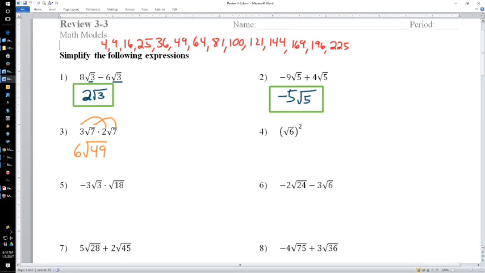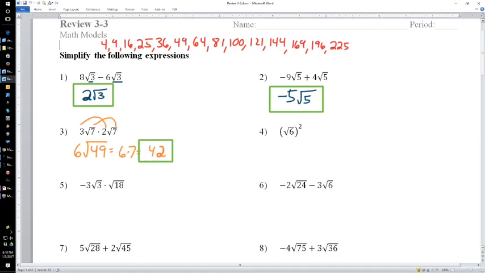That's one of our perfect squares. If you recall, it is right up here. Square root of 49 is 7. So that equals 6 times 7, which is 42. So the answer to 3 on the square root of 7 times 2 on the square root of 7 is simply 42. Alright.